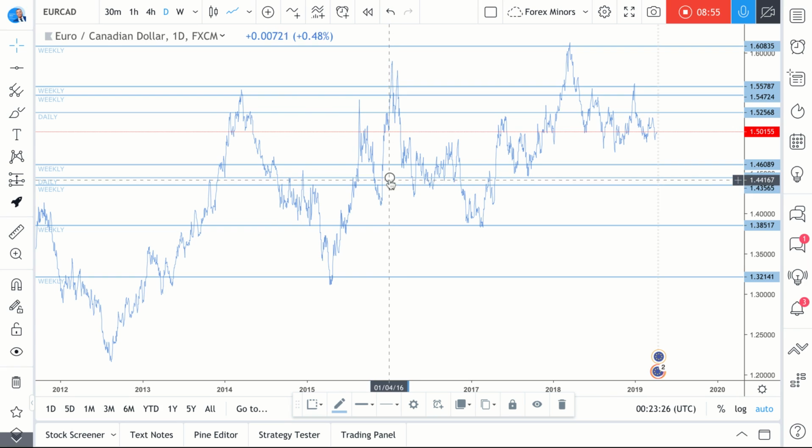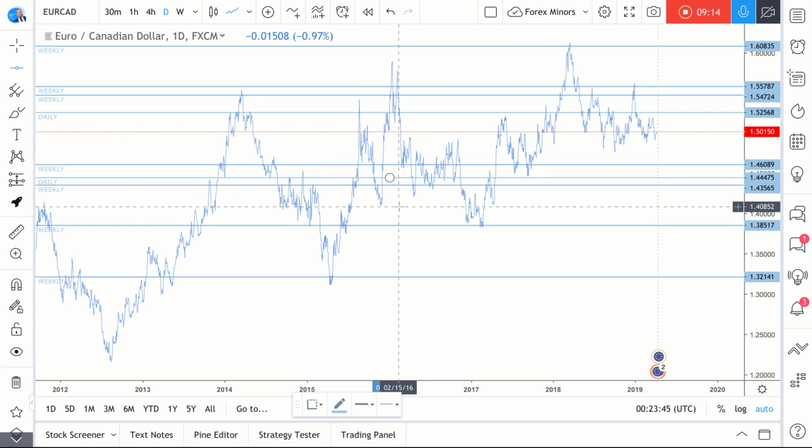So like this one, I'm going to leave this one because of this spike, all these little spikes right here. And then you got some support in these two, or really just this one almost. So we'll do that in 4 hour. And now we're getting way away from the price. So this is going to be my last daily line.